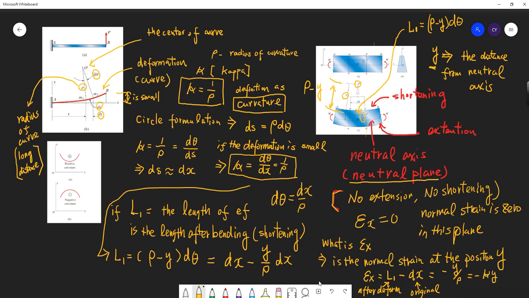So this is the very important result of this section. We can get epsilon x is equal to kappa multiplied by y, with a minus sign. Yeah. So please remember this relationship.